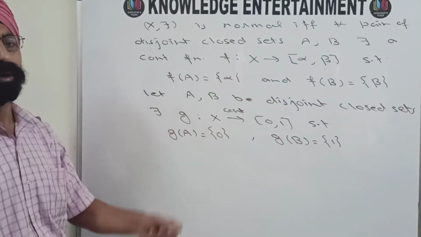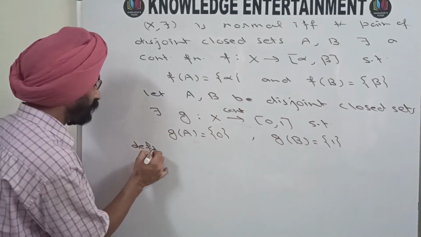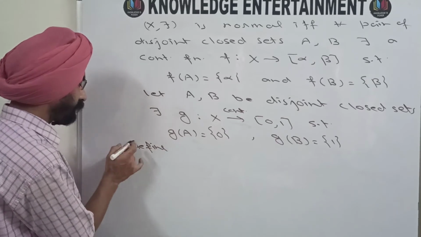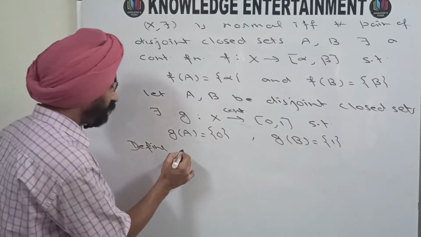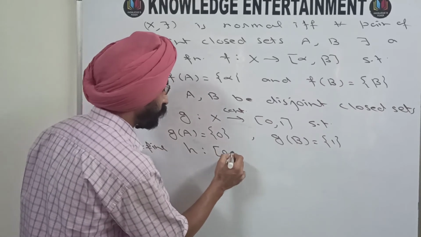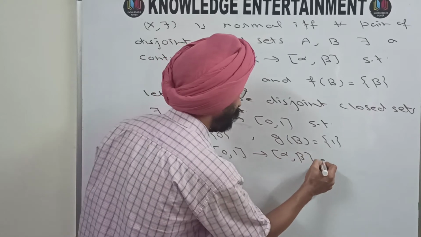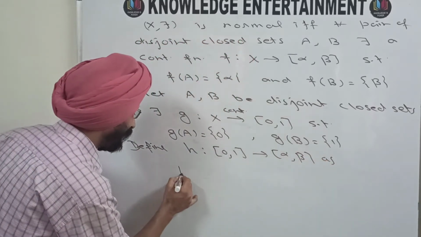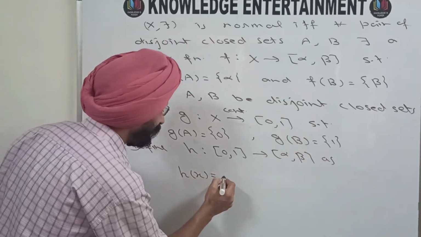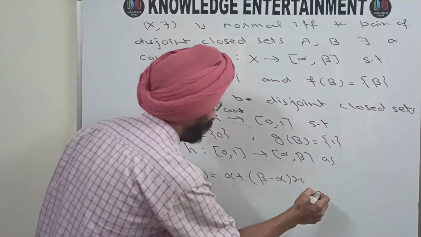It is the original form of Urysohn's lemma. And now define a function h from the closed interval [0, 1] to the closed interval [alpha, beta] as h(x) = alpha + (beta - alpha)x.